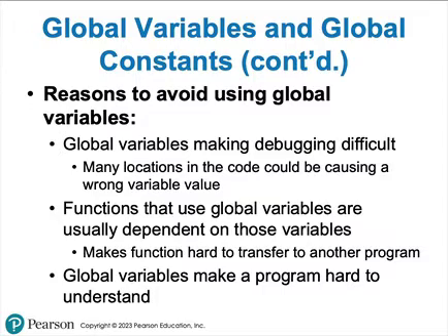Global variables are considered a bad thing because you can change them anywhere, because they're in scope for the full program. The other bad thing is if you have a function and you use a global variable, and then later you say, hey, I have this function I want to reuse, and you move it over into another program file.